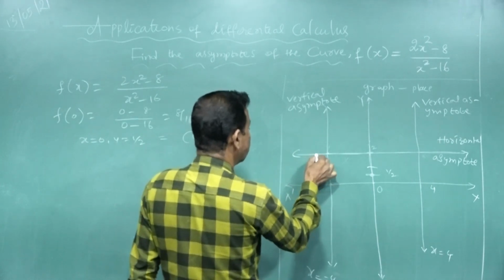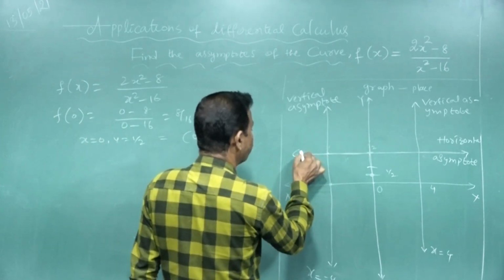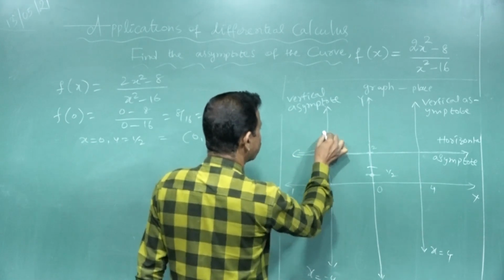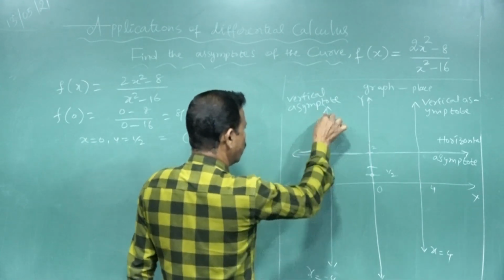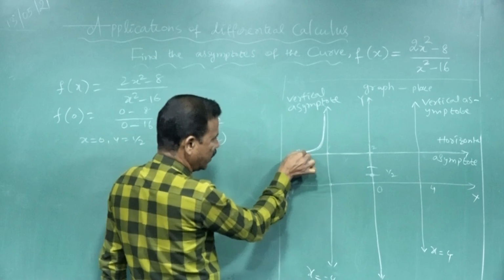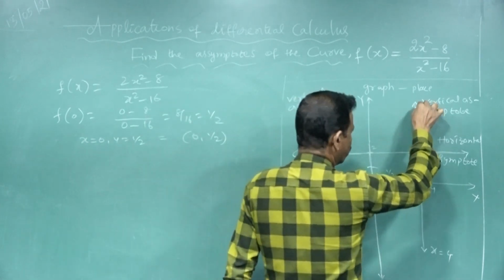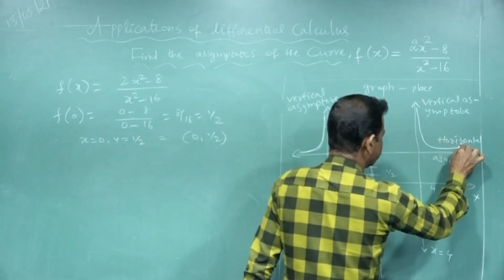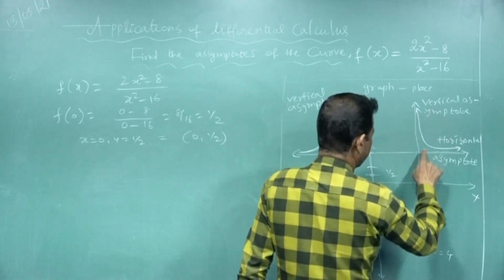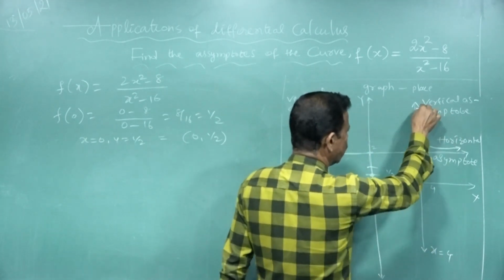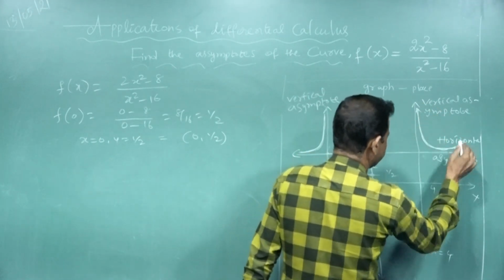If x is minus 4 minus, the value goes up to down, decreasing like this. Here also, in this side too. For 4 plus and 4 minus, this type of curve comes.